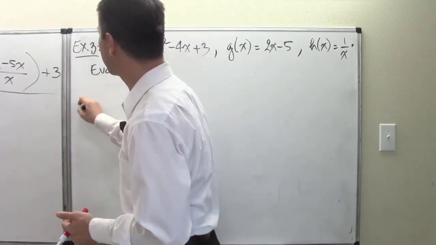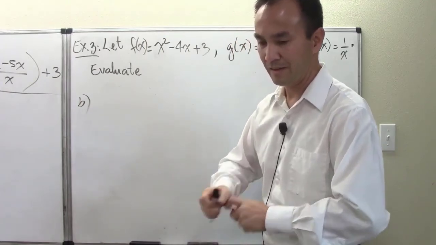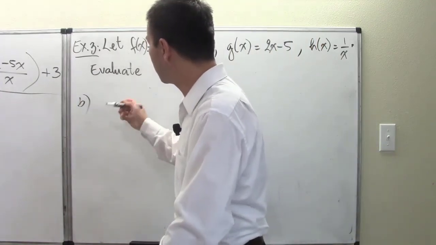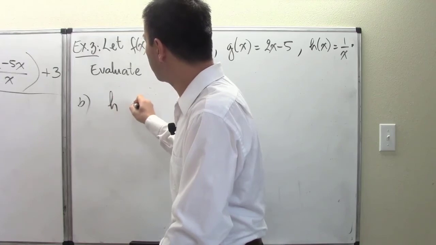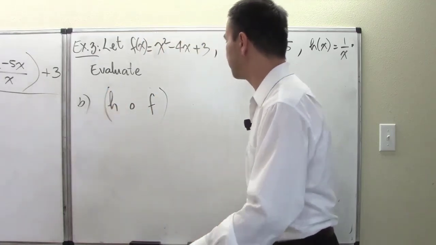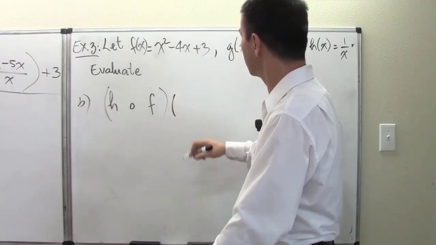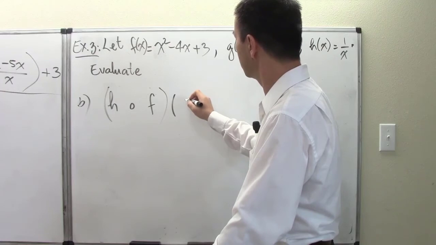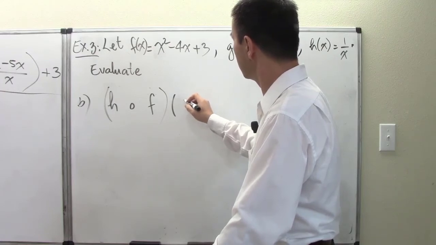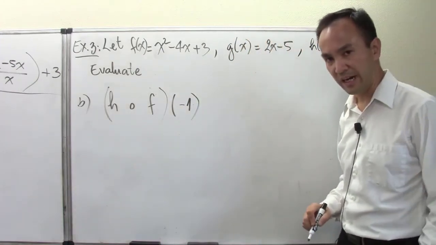Let's now look at part B. How about h of f at -1.